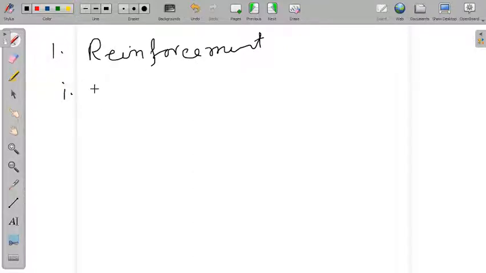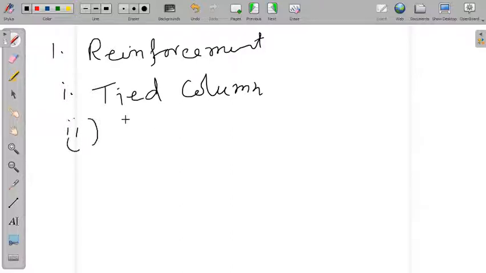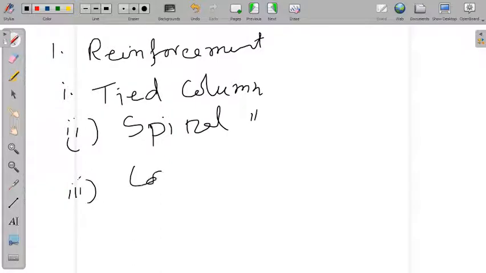First one is called tied column. Then the second one is called spiral column, and the third one is composite column. Okay. Now, we will see one by one.